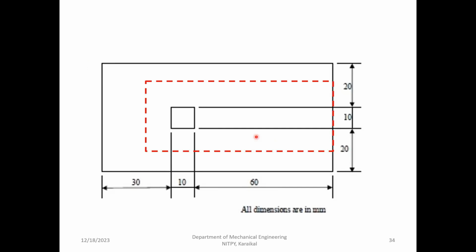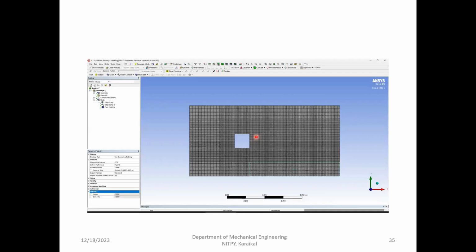I want a fine mesh here and a coarse mesh around it. So how do we do that? We have to divide into multiple square segments, and then we can do that. Now we can see that the mesh is fine here. I have given a 0.5 mm mesh in this region and a 1 mm mesh in this region. So what is the advantage of doing this? Why not allow Fluent to do everything on its own?